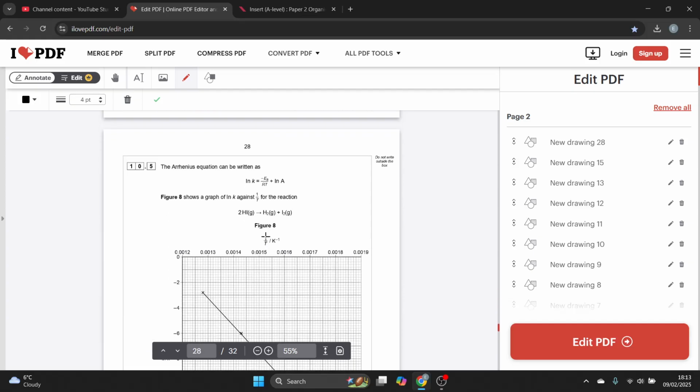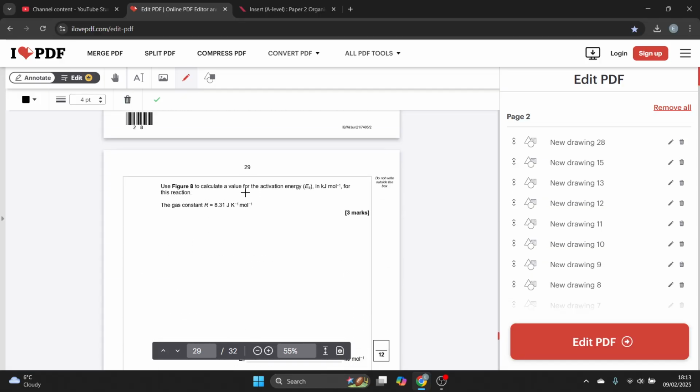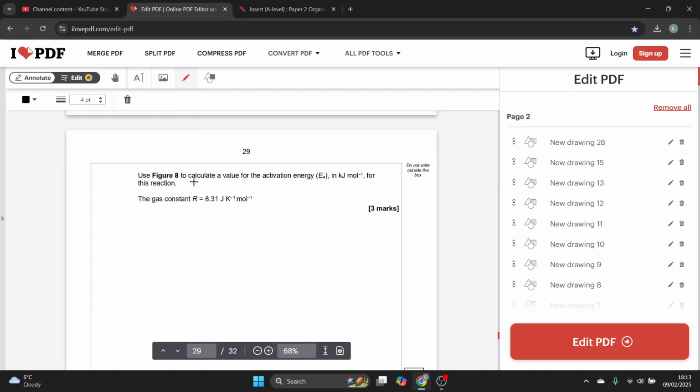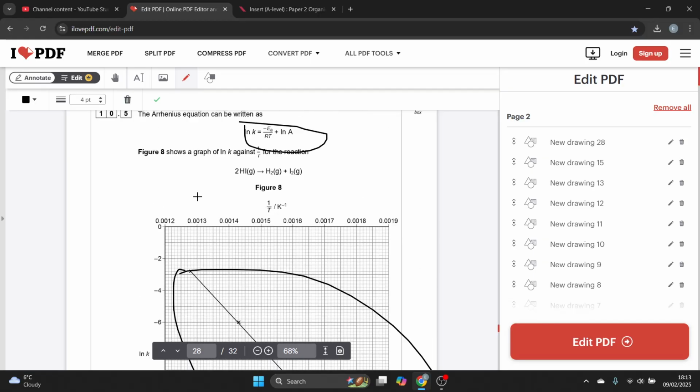And then question 10.5: the Arrhenius equation can be written as this. Use figure 8 to calculate a value for the activation energy E in kilojoules per mole. First, the graph is a straight line with a constant gradient, therefore the rate of reaction does not change as the concentration of iodine changes. That was for the previous part.